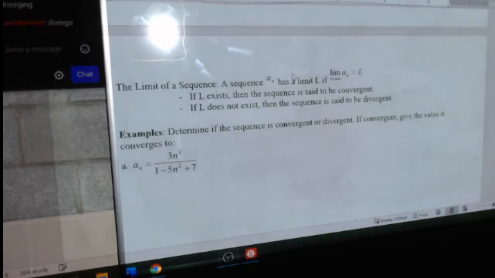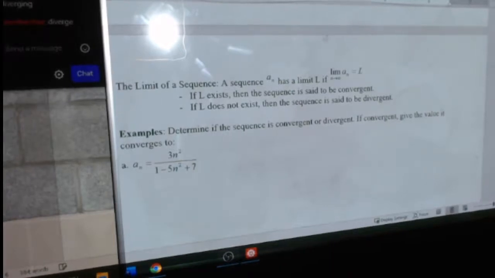If L does not exist, meaning negative infinity or positive infinity, then it diverges. So now all we have to do is take the limit of these sequences as n approaches infinity. So you may remember this from Calc 1.